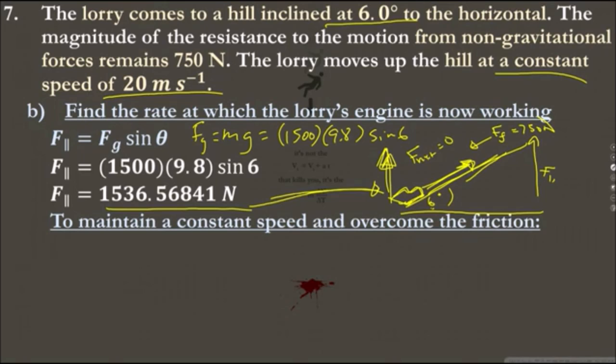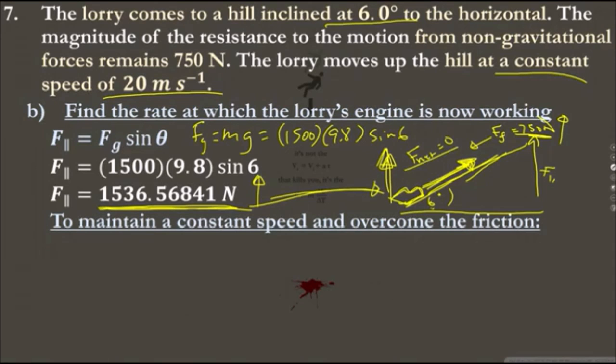So I need to add the force of going up the slope and the force going against friction, which is basically the opposite value of what friction is here. That will give me the net force I need to go up this slope at a constant velocity.